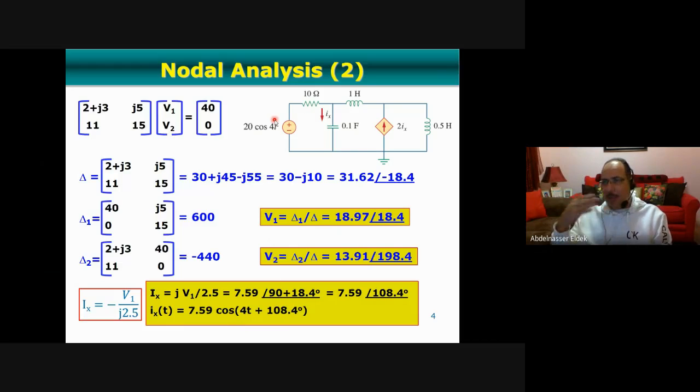If it happens that instead of cosine it was sine, and you have only one source, you can leave it as sine, and the answer here will be sine also. If this one is sine, this one will be sine. If this one is cosine, this one must be cosine. But if you have two sources, one cosine and one sine, then in this case you have to convert one of them to either cosine or sine.